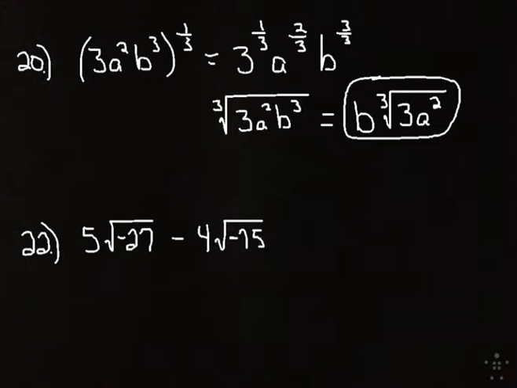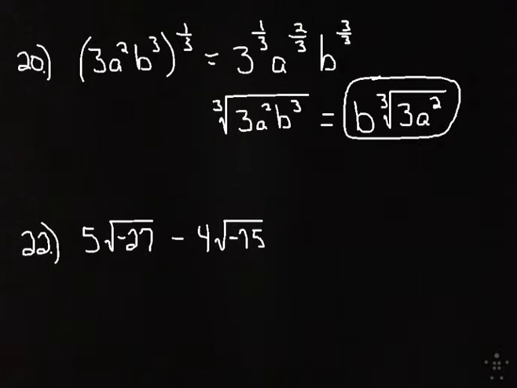Moving on to question number 22, we don't have any variables here, so we can use complex numbers. We have 5 square root of negative 27 minus 4 square root of negative 75. I don't know what the square root of negative 27 is. All right, I know it's an imaginary number, and there's not a perfect square root of 27, but there is a perfect square that's a factor of 27.